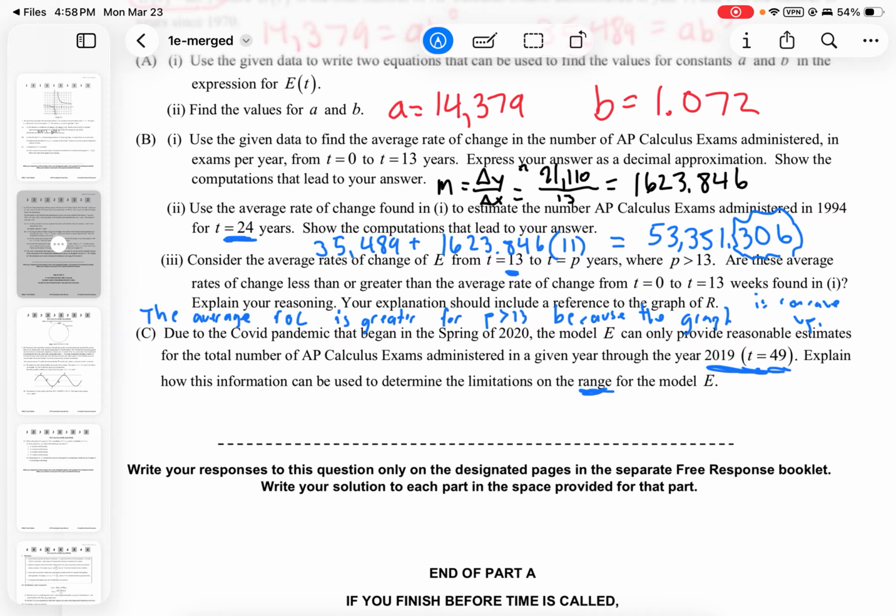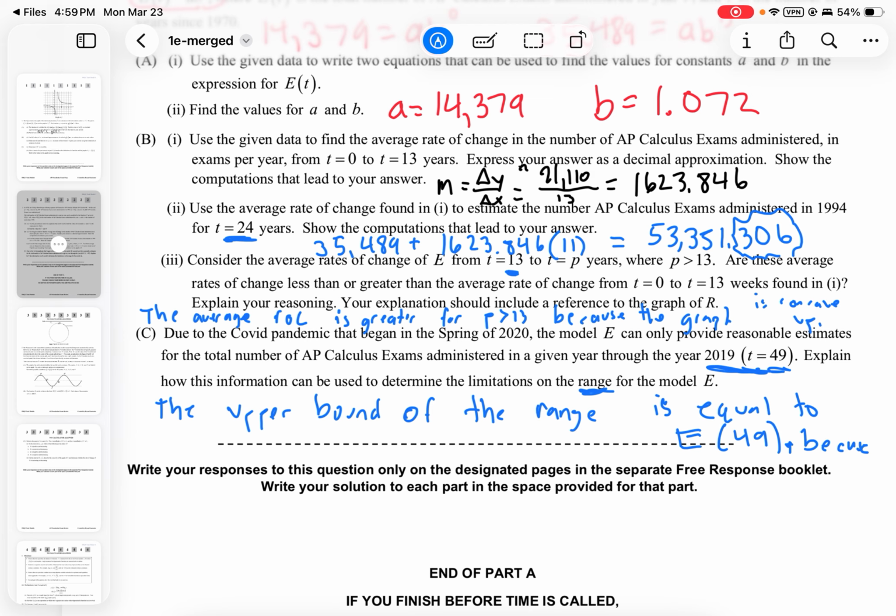Well, I'm curious how they say this. The upper bound of the range is equal to E of 49. That's my lazy answer for now.